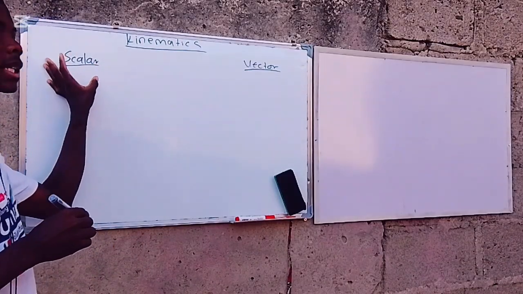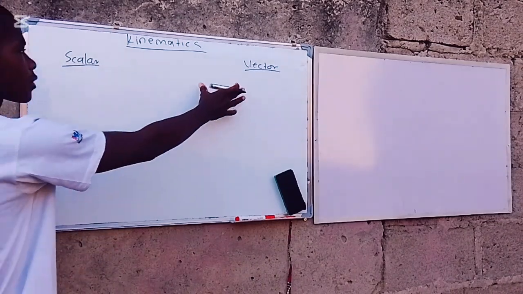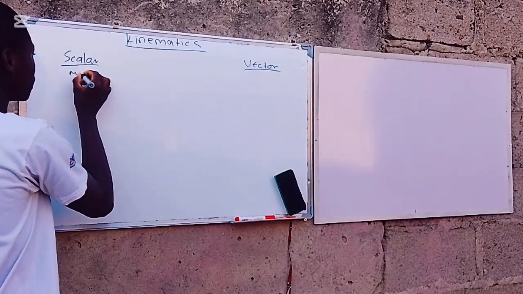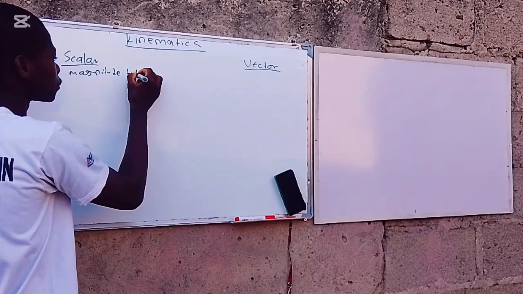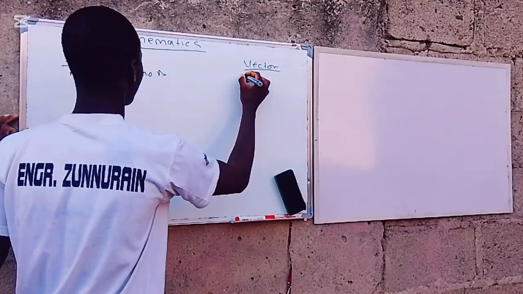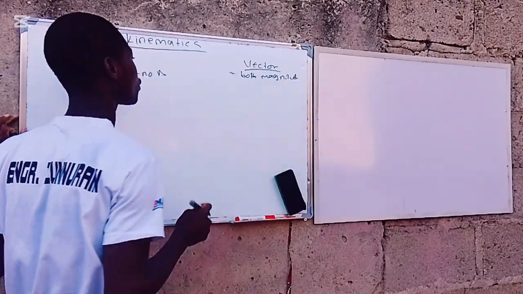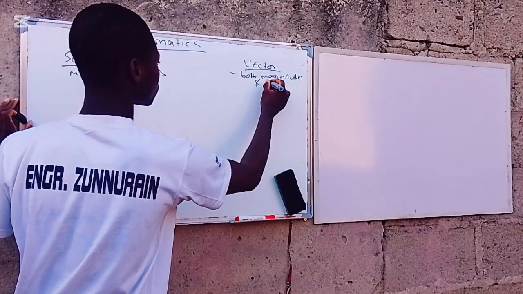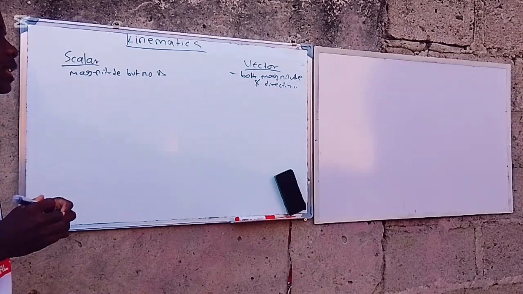Scalars have magnitude but no direction, while vectors have both magnitude and direction.